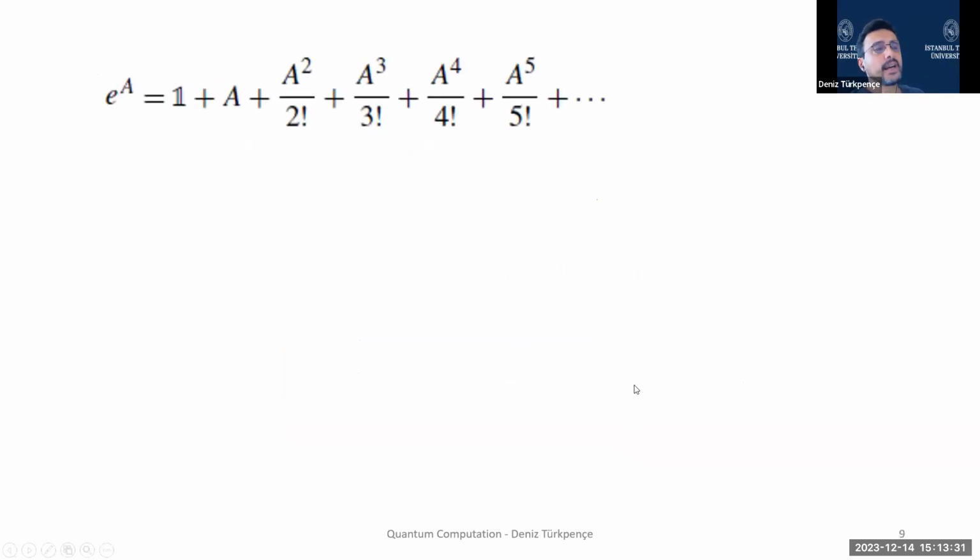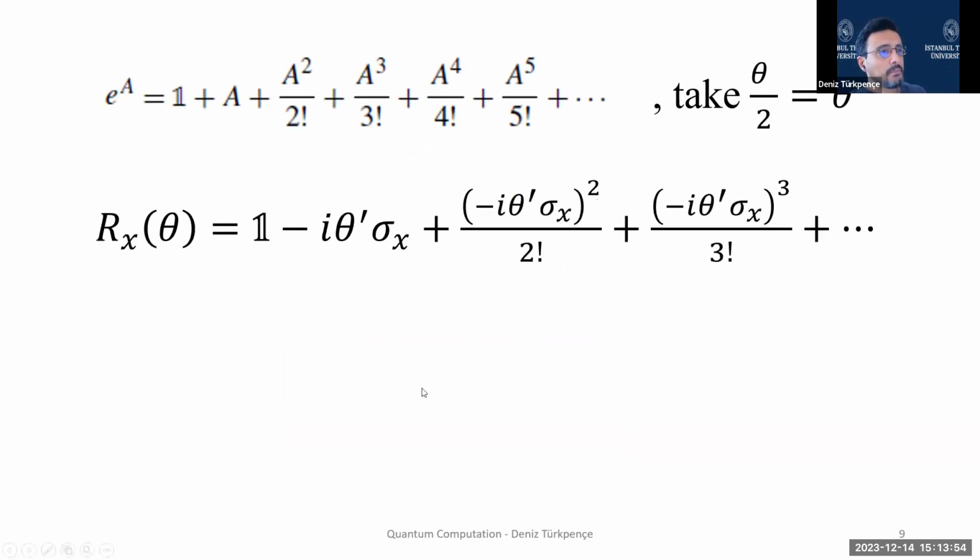I know that I can expand any exponential function in terms of Taylor expansion. And if I do the same for this problem, and if I make a simplification by taking theta divided by 2 as theta prime, my problem becomes, by using this Taylor expansion, into this form.